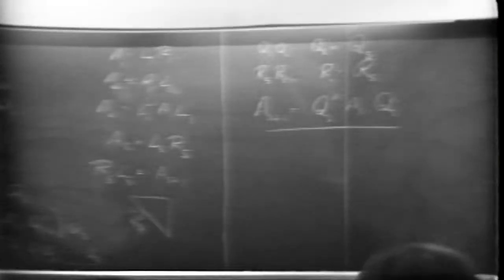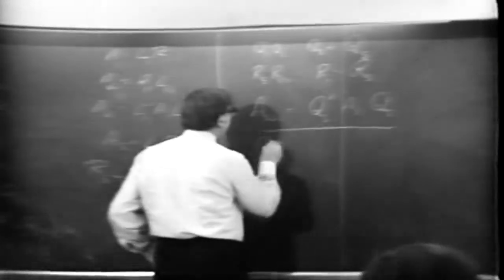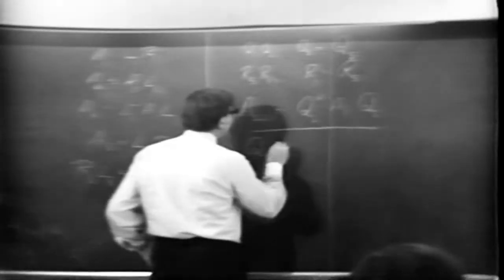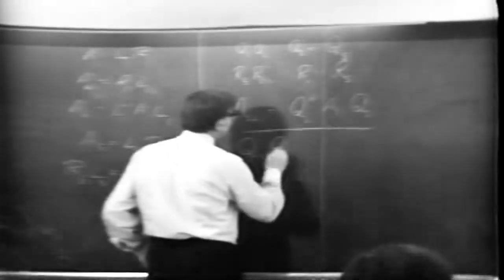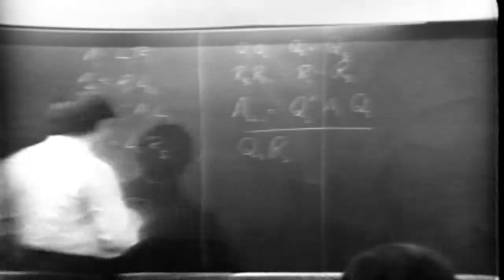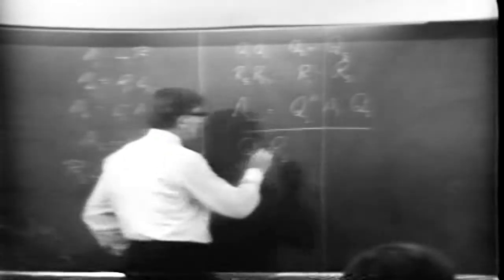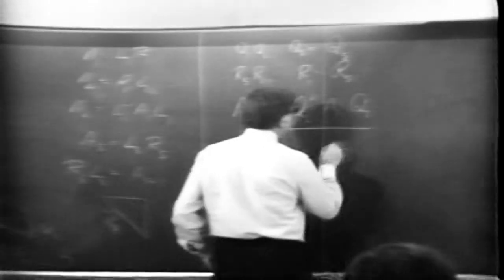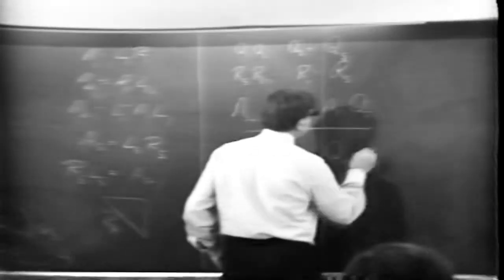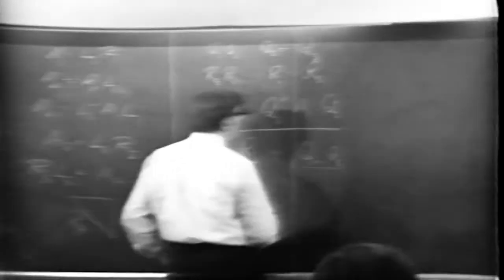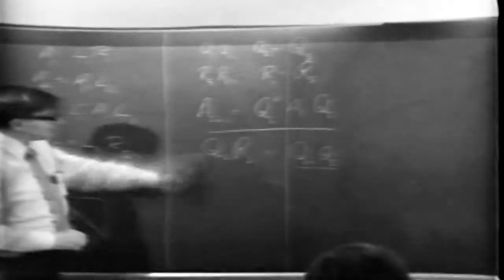Well, the most important point in the proof of the convergence is if we consider big Q_s times big R_s, by definition this is big Q_{s-1} times Q_s. That is, of course, the recursive definition of Q_s itself.